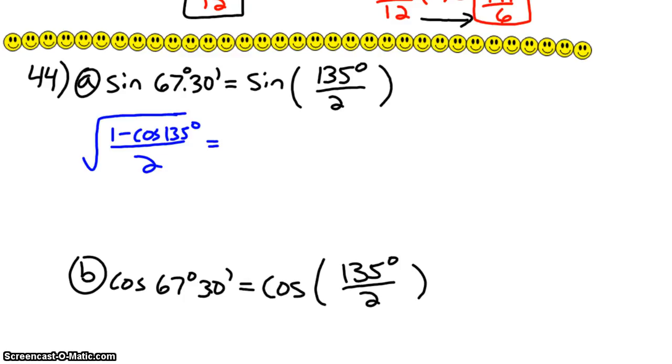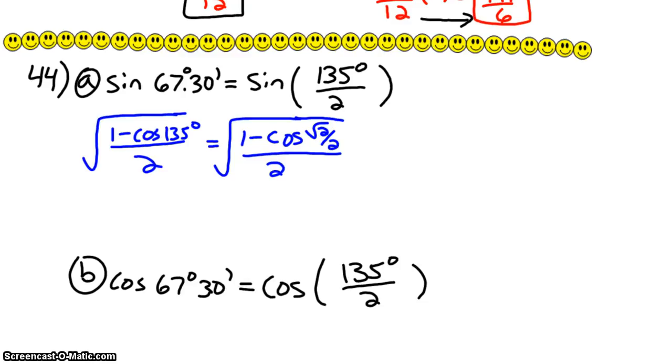Now it's really nice because cosine of 135 degrees I know is negative radical 2 over 2, and you can again verify this on your charts, as we start to recognize some of the repetition we've had throughout this trimester.